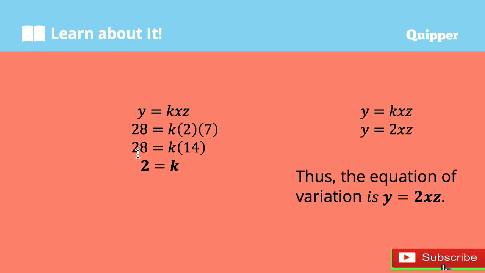Then divide both sides by 14. So we have the value of k is 2. Then write the original equation, which is y is equal to kxz. Then substitute the value of k, which is 2. Therefore, the equation of the variation is y is equal to 2xz.